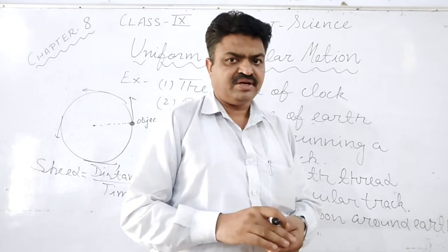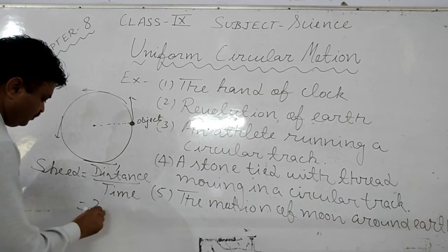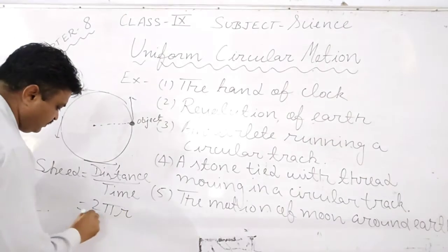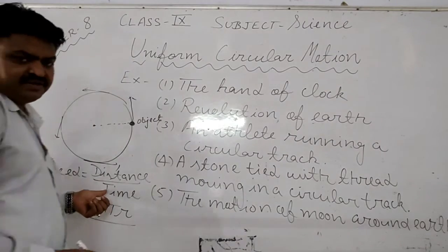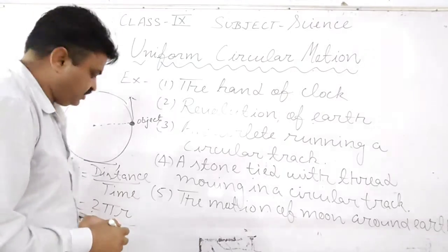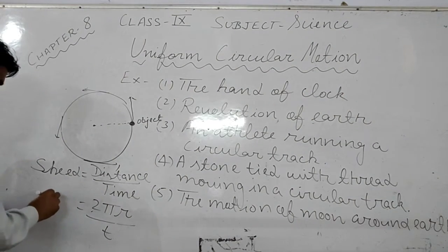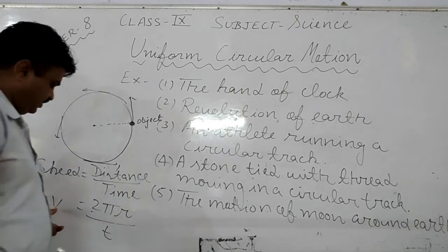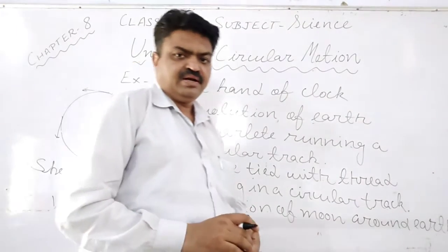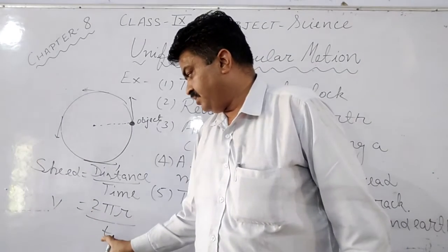And what is it? It is 2 pi r. And time is represented by small t. So the uniform speed formula is V is equal to 2 pi r upon t.